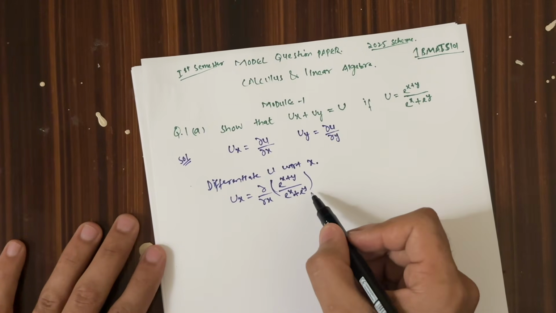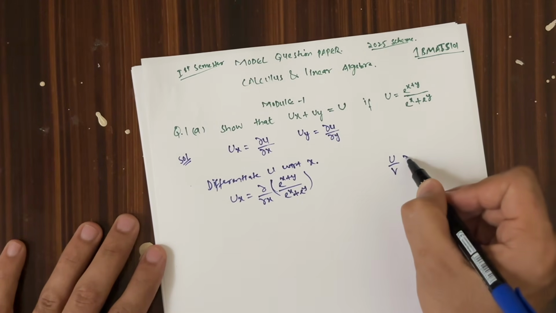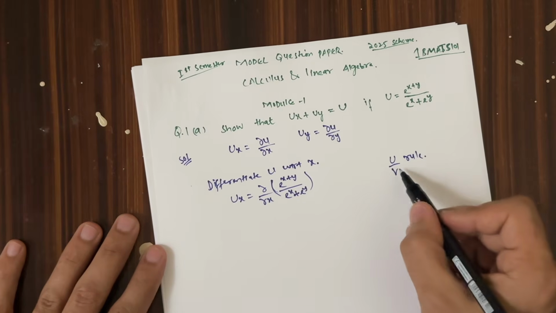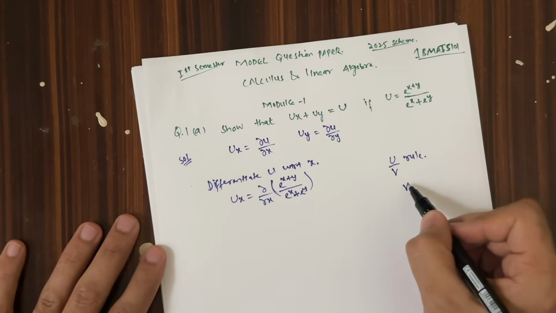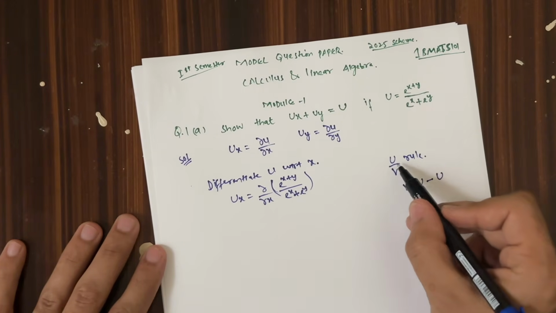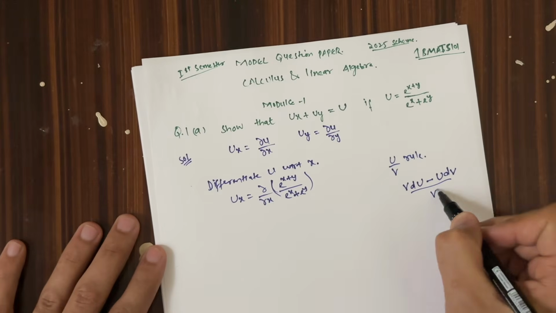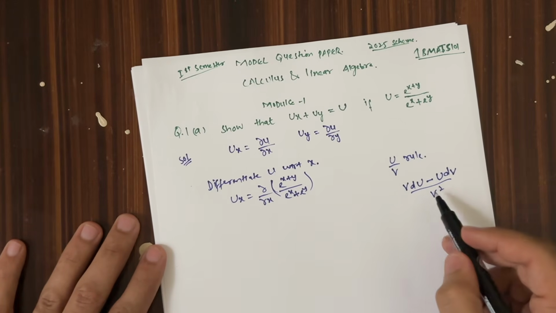You know already the formula, like in the differentiation, u by v rule. First of all, we keep v as it is, differentiation of u, minus u as it is, differentiation of v, divided by v square. This is the formula for u by v rule.